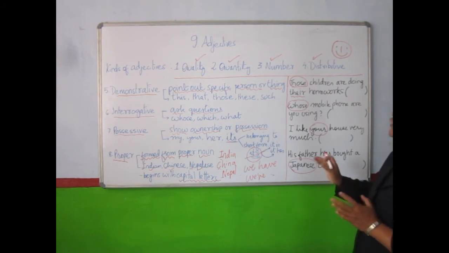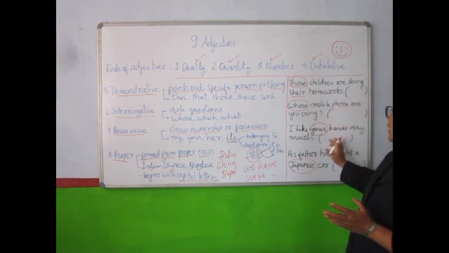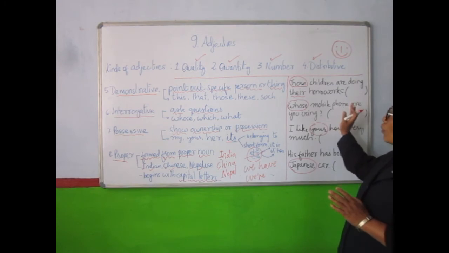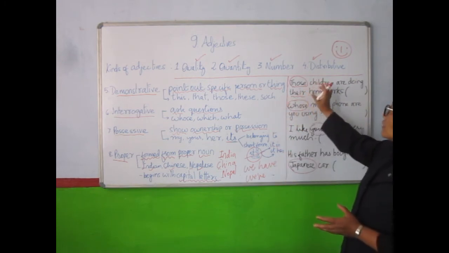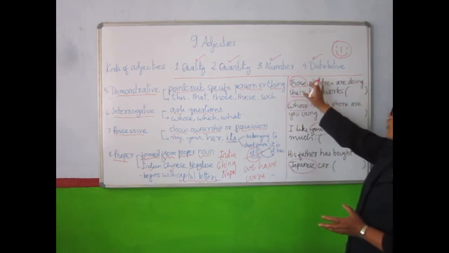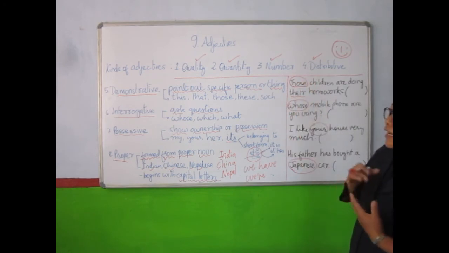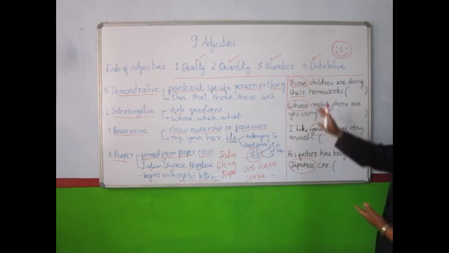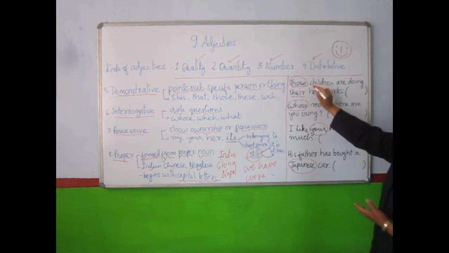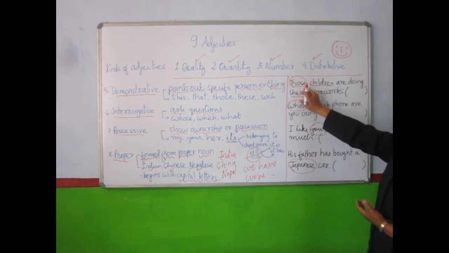Now, I would like you to tell me the number here, so that you know which particular adjective this sentence or word describes. Now, number one, those children. Here, children is being qualified by the word those. Is it demonstrative, interrogative, possessive, or proper? Tell me the number.